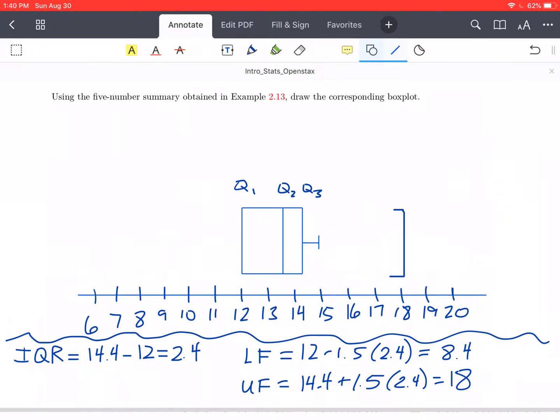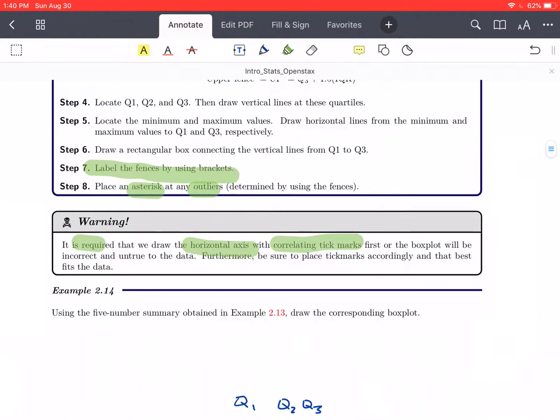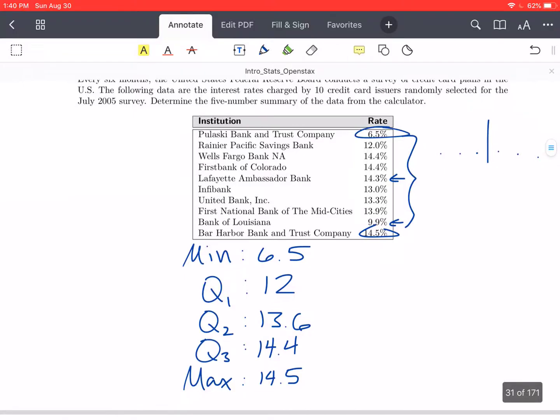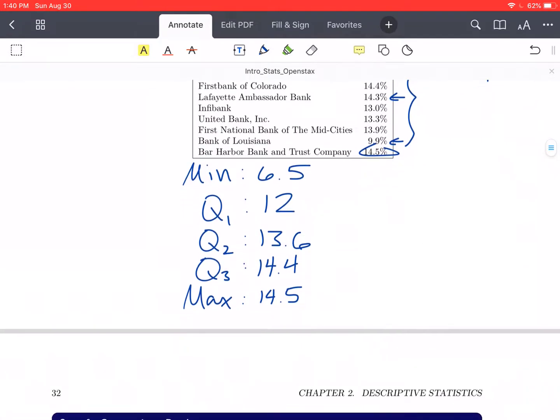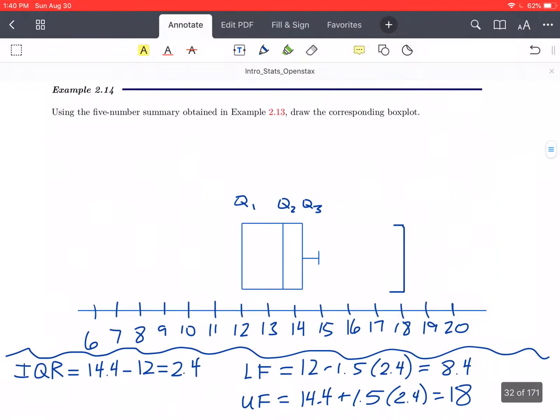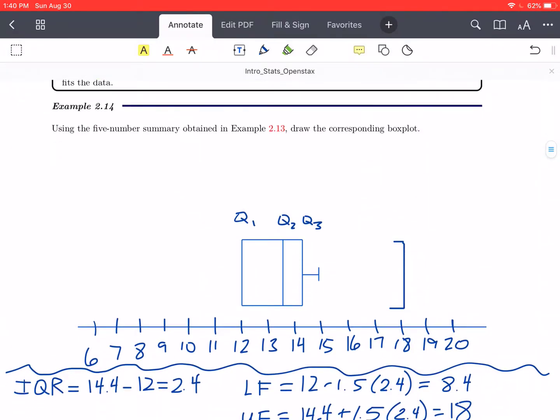But on the lower fence, notice the lower fence value is 8.4, but one of our data points, the 6.5, the min, is actually below that number. So that is actually an outlier. Okay, so what do we do when the min is an outlier? Well, we just make it an outlier, so draw it as an asterisk, and then the whisker will only go to whatever the next lowest number is.